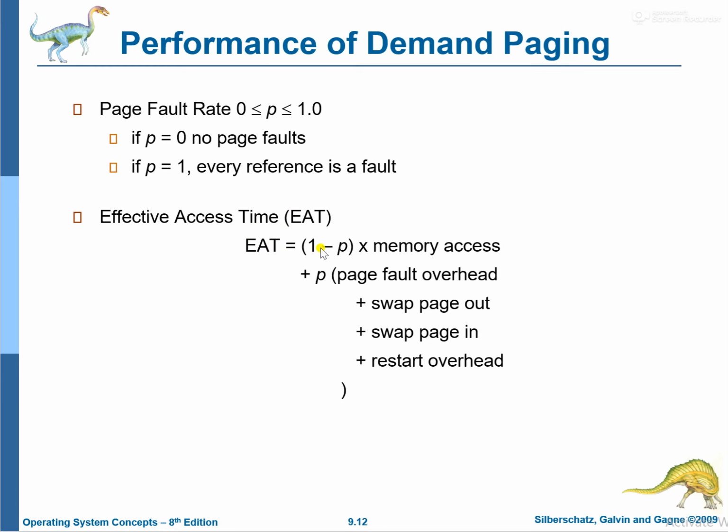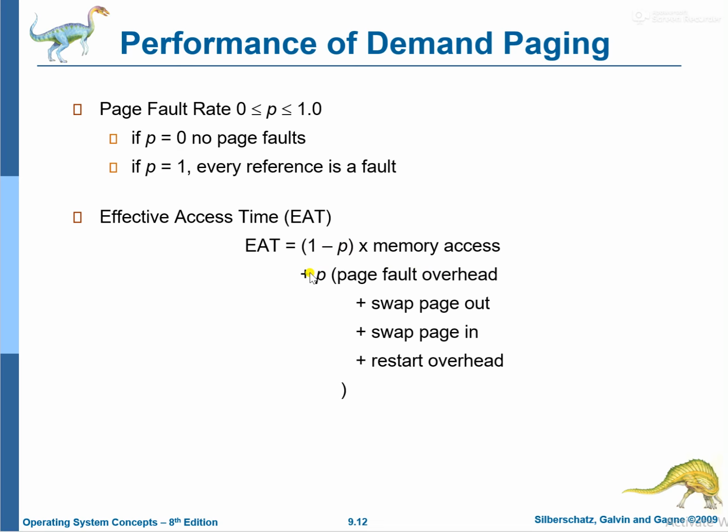We can calculate it by (1 minus P) times memory access plus P times page fault time. P is the probability of page fault rate, and 1 minus P means the page is present in the main memory, so you just go directly to the main memory and access it.